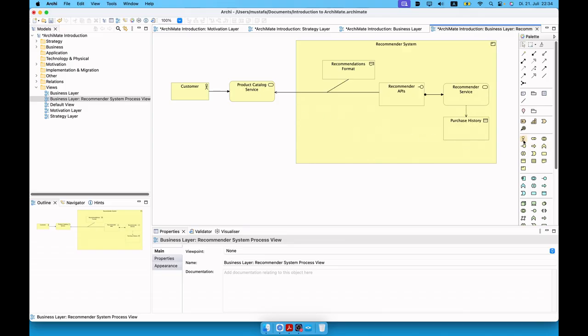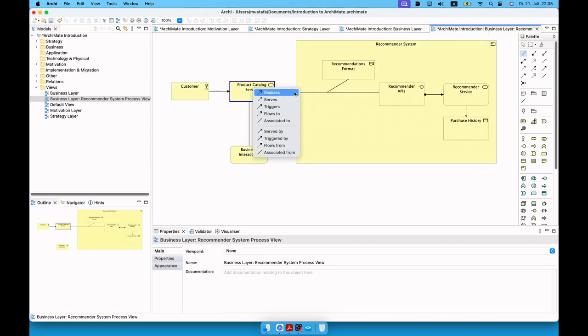So far we have covered the actor, the role, the collaboration, the interface, the process, the function, and this one is the interaction. So this could be also interesting to model. So business interaction, this now is a combination of two active behaviors.